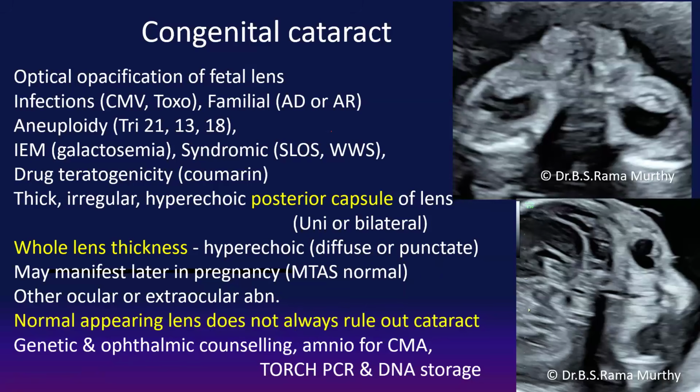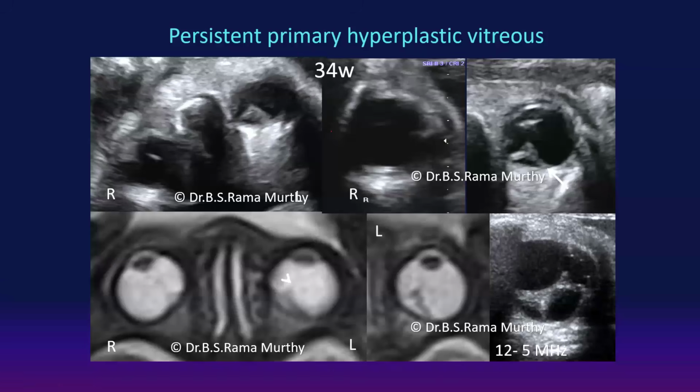We must tell them that right now in the mid-trimester anomaly scan, the lenses look normal, but we don't know how they will evolve. And even if by ultrasound they look normal, postnatally, it does not indicate no cataract or perfect vision. So this needs genetic evaluation, ophthalmic counseling, and of course, invasive testing, amniocentesis for all the tests that I spoke about.